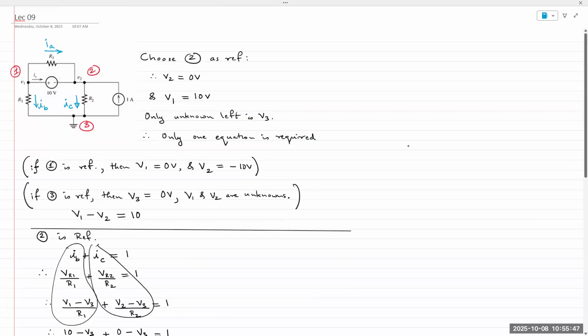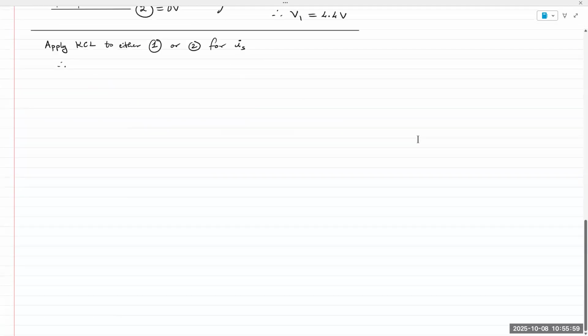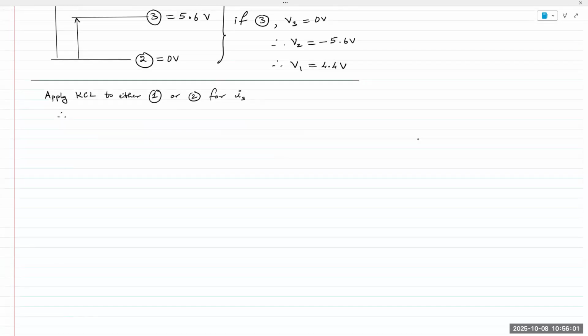I can write all 3 currents. If I choose node 1, I only have 3 currents. If I choose node 2, there are 4 currents. It doesn't really make any difference. You apply it at either 1 or 2, it doesn't make a difference. If I apply at node 1, I have all 3 currents leaving. Nothing is coming in. So it's 0. I have IA plus IB plus IS.